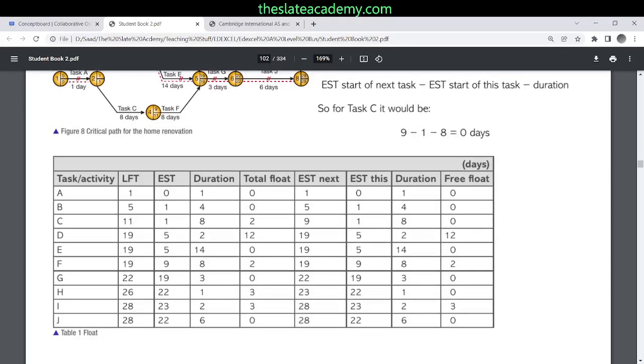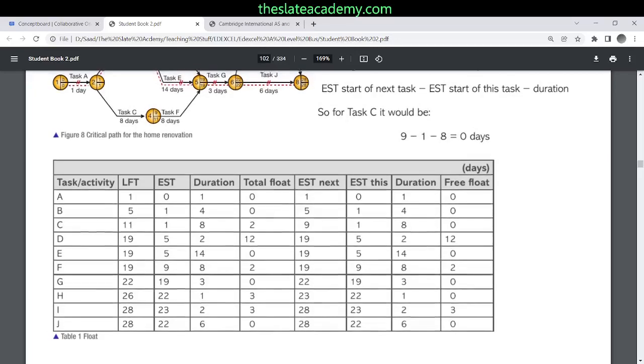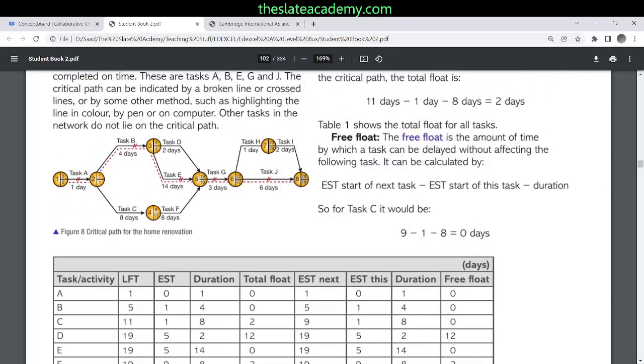Only D, F and I. For D, what happens? The next activity is in 19 days. The earliest for itself is 5 days, and it just takes 2 days. So D has a free float.